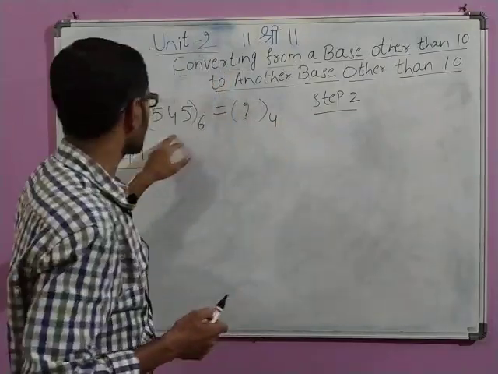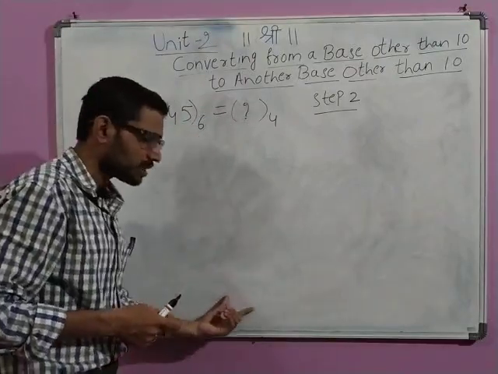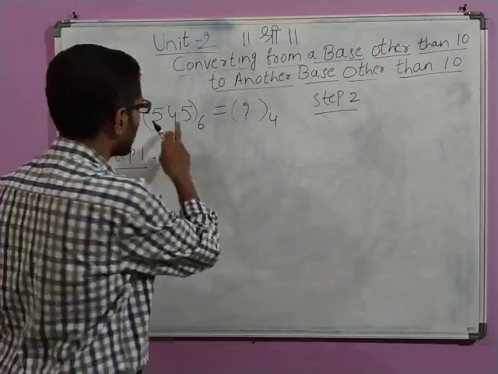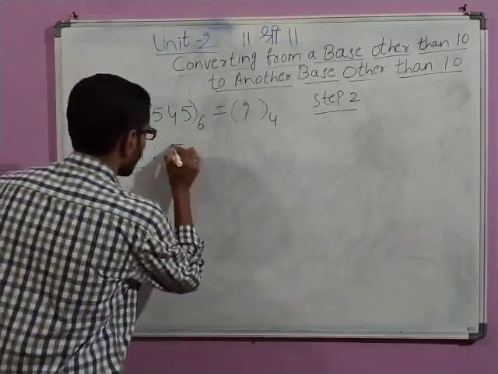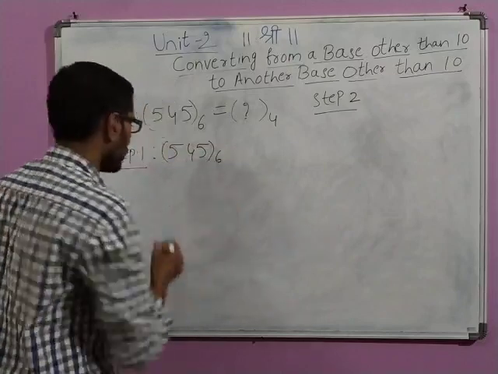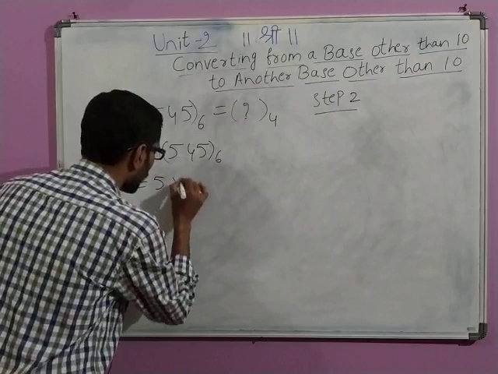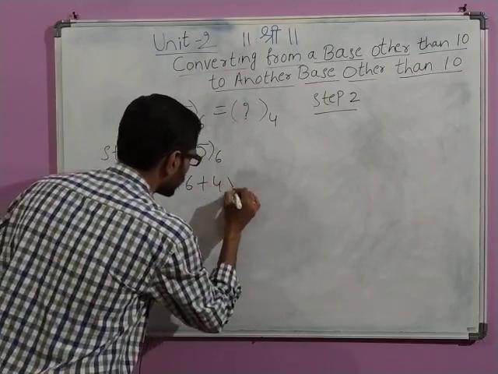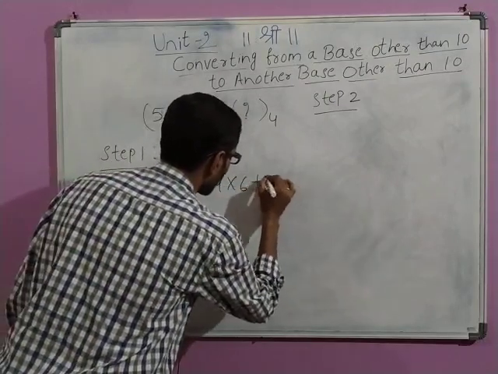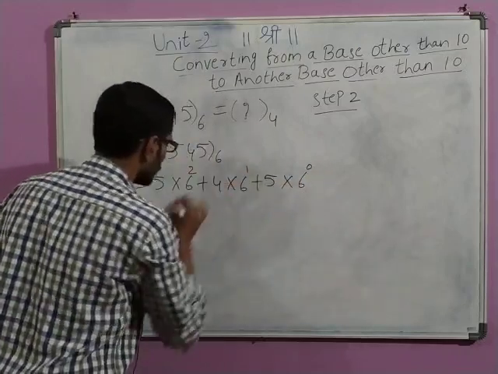So here we need to take the positional values and multiply with the base, and you will get a number in decimal. Let us take this example first: 545 to the base 6. You need to take the positional values: 5 into 6 to the power 0, plus 4 into 6 to the power 1, plus 5 into 6 to the power 2.